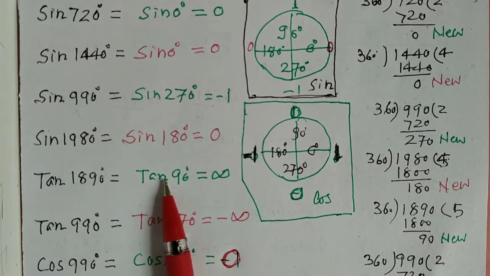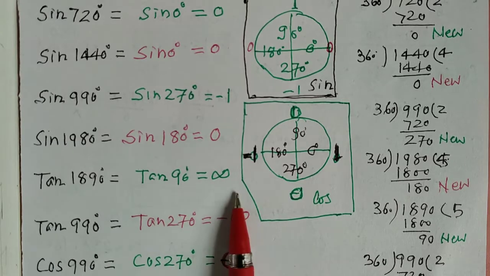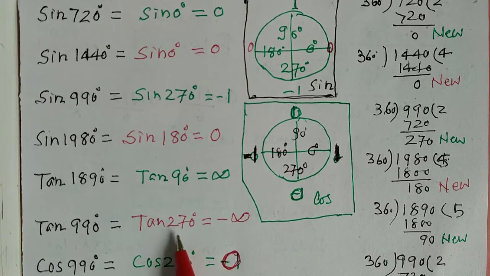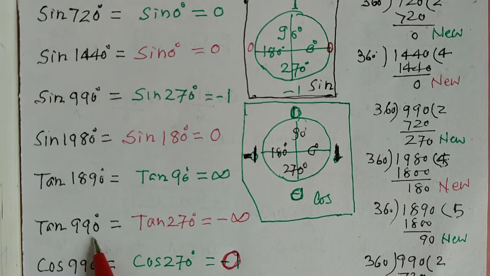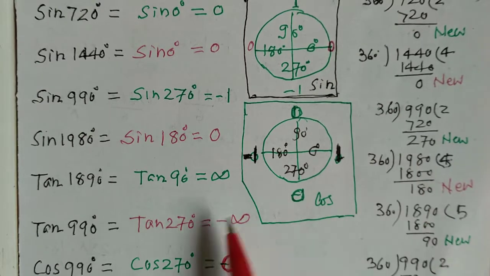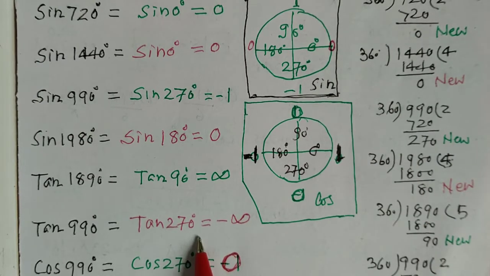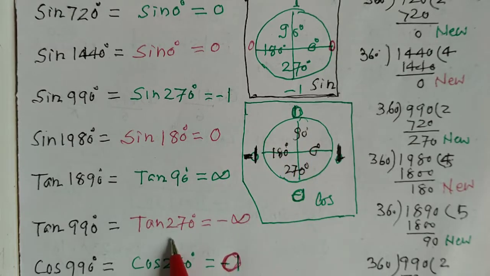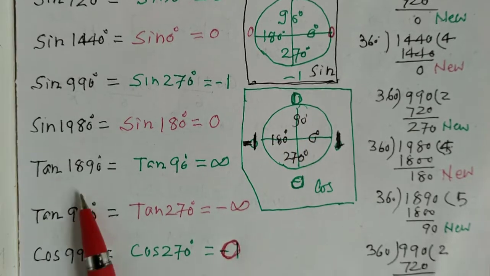Tan 90 is infinity. Tan 990 degree divided by 360, remainder is 270. Tan 270, tan 90 is infinite, so the reverse of infinite is minus infinite.